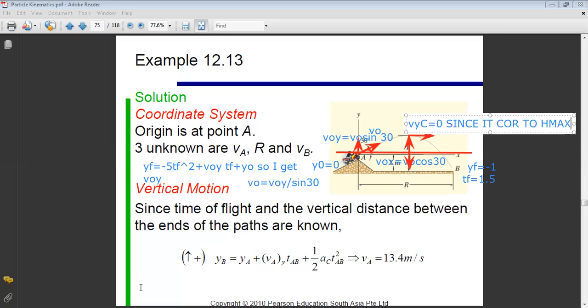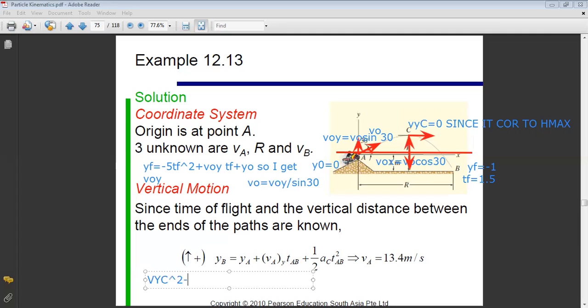I use the relation independent of time, which is: Vy at point C squared minus Vy0 squared is equal to 2a, which is minus 2g, which is 10, times delta y. What is delta y? It's y at C minus y0.